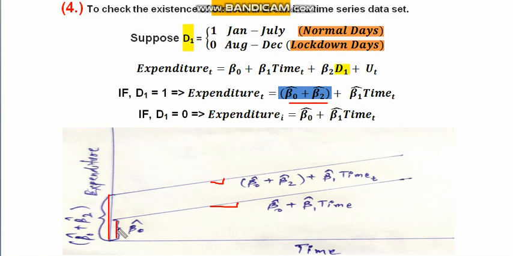And during the lockdown days, since there is less expenditure over a period of time, or there is no increase in your expenditure, if d1 is equal to 0, the equation is beta naught alone. So there is no change in the intercept during the lockdown days.